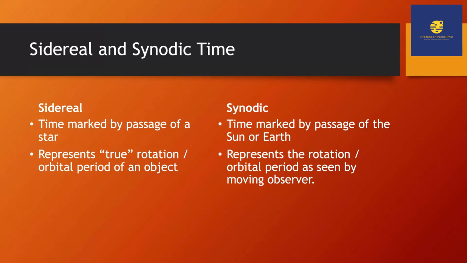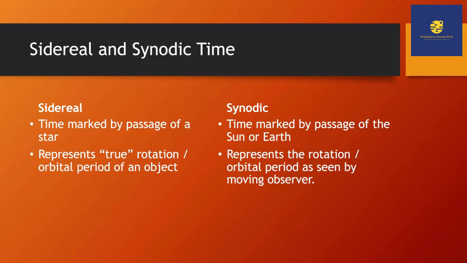So we can use it as a fixed reference position. A sidereal rate is the true rate of that object, meaning that if you're talking about the rotation period of an object, how fast does it actually rotate about its axis, or how fast does it move around in its orbit? That is the sidereal time.